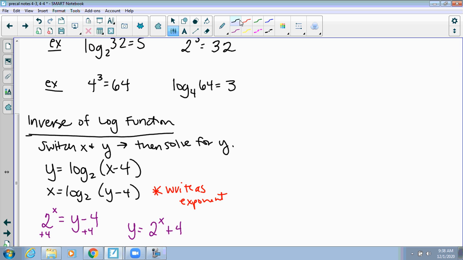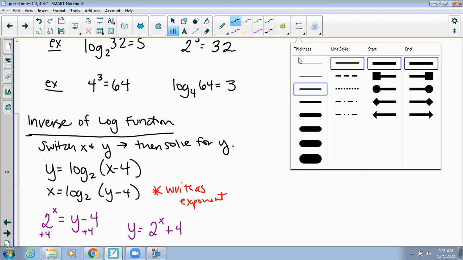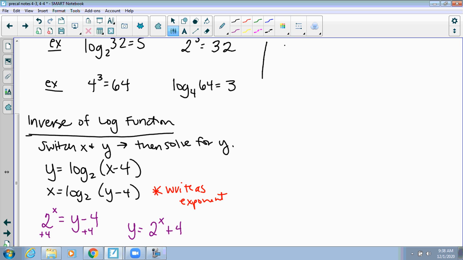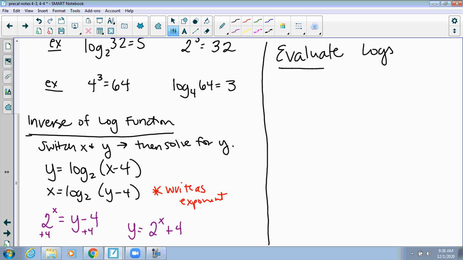Okay. All right, the next thing that we are going to do, we're going to evaluate some logarithms, and I'll show you how to do that. Evaluating logs means we're looking for the power. We want to figure out the base to what power gives us the number that is written there.